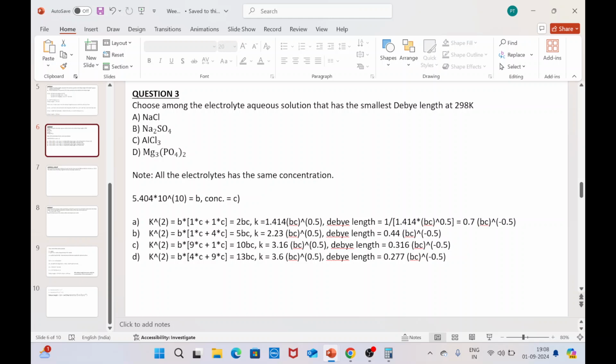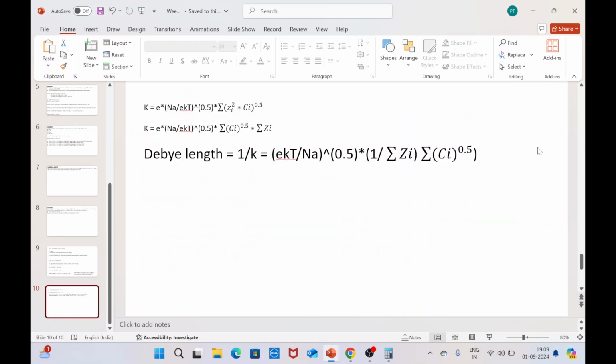So that is one way to say, but Mg3 plus will be smaller compared to that one, so that Debye length will be less. But it is better to use this equation, so that it is more based on the charge. So you're just correlating charge and the size of the ion. Yeah, I guess it's fine.